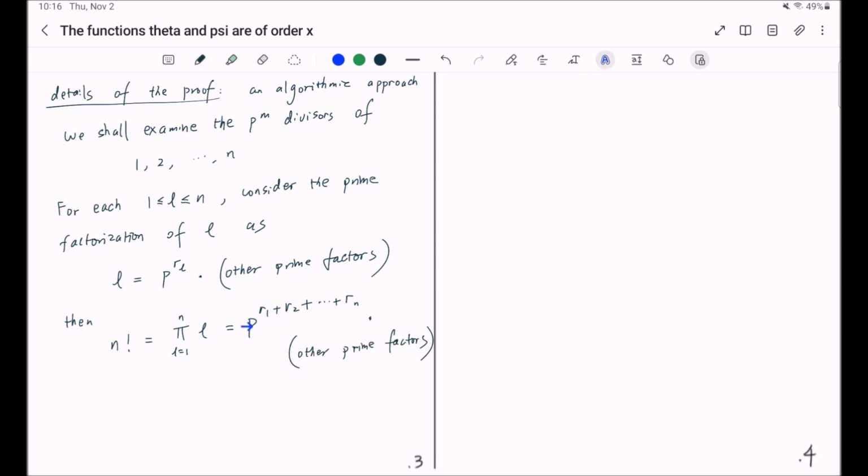But again, we're only going to focus on this part. And we are going to show that this sum of r1 plus r2 all the way to rn, now we claim that this sum is equal to the summation of the floor of n divided by p to the m for m at least 1.